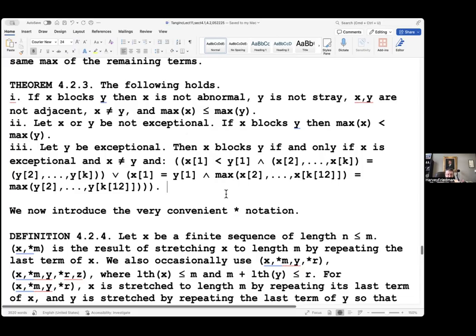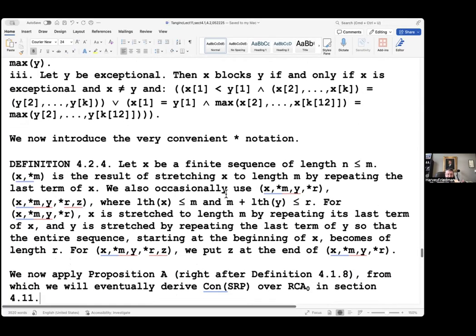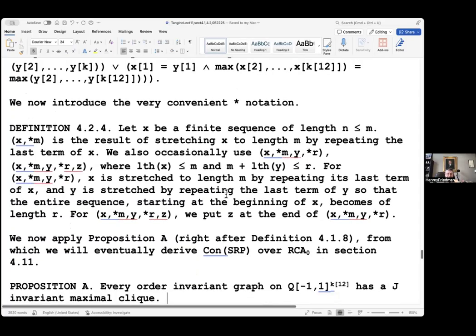Okay. Now, all through this chapter, we also use the star notation. X star M, we've already explained that, means you stretch the last term of X, repeat it so that the whole tuple becomes of length M. You can do that with this condition.